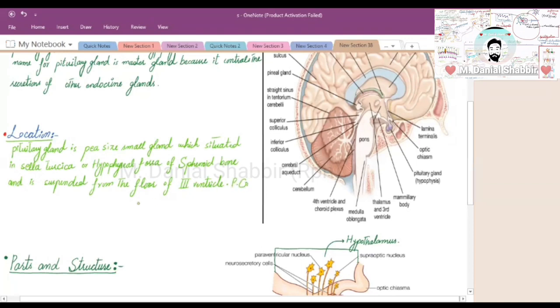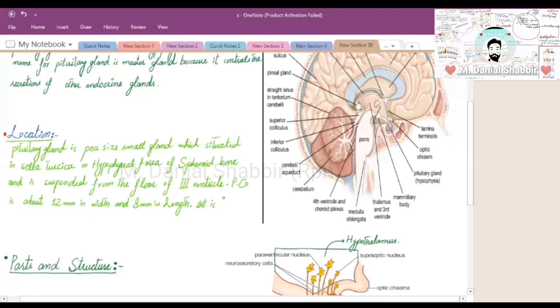The pituitary gland is about 12 millimeter in width and 8 millimeter in length. Okay, next point.